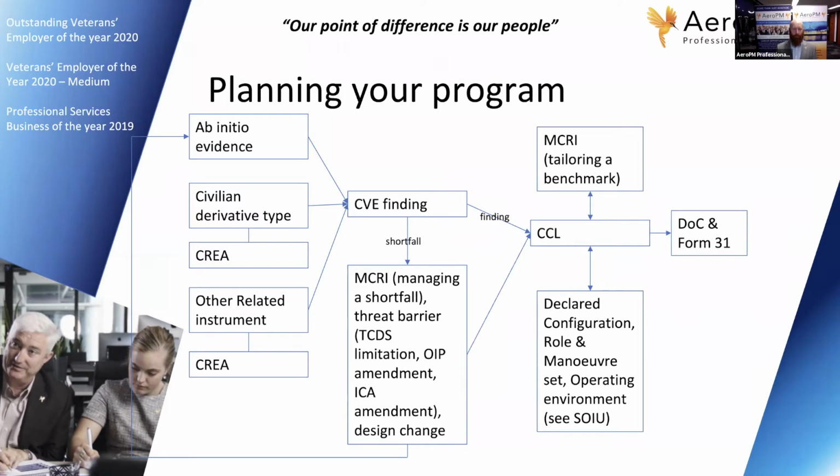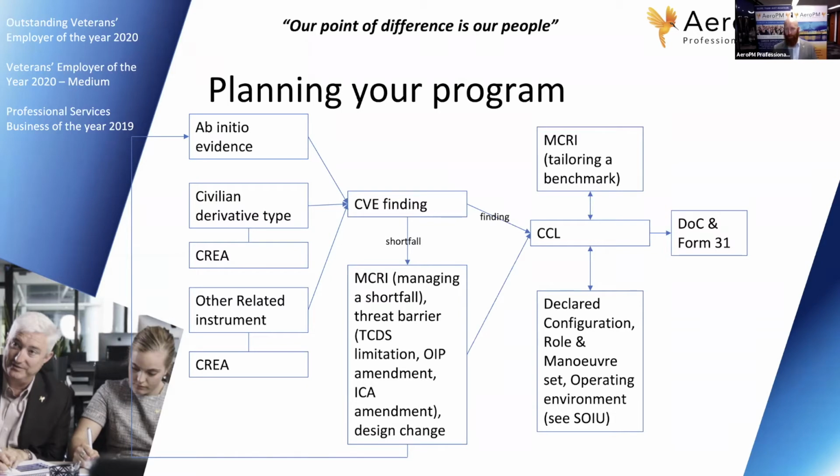You have multiple sources of evidence, most likely. Each of those sources of evidence that you're not generating for this specific program have to be contextualized through a configuration, role, and environment assessment against each of those instruments. We'll make findings. We'll assemble arguments, or however you want to put that.